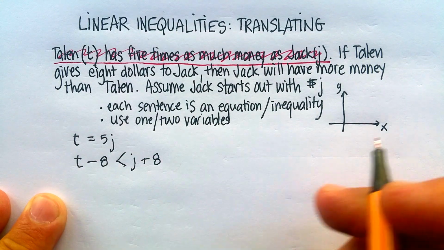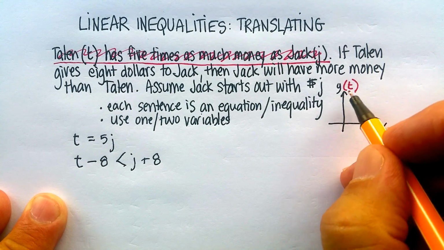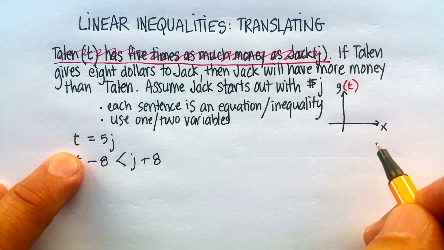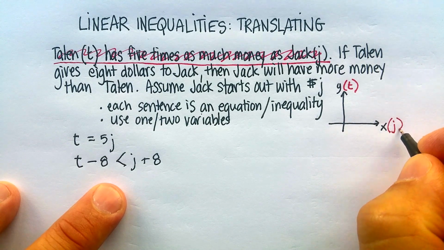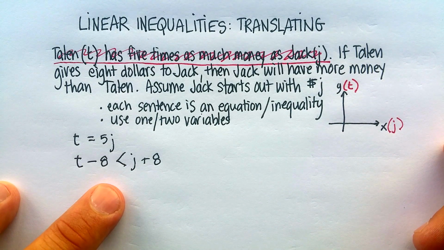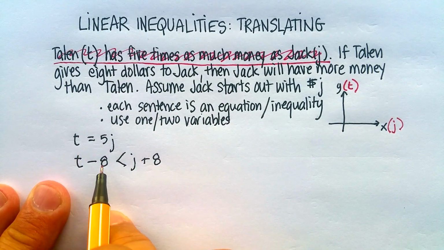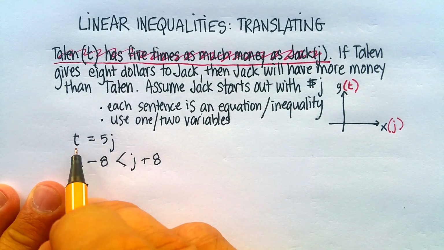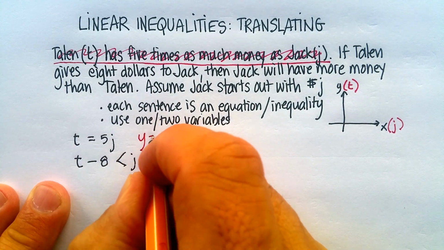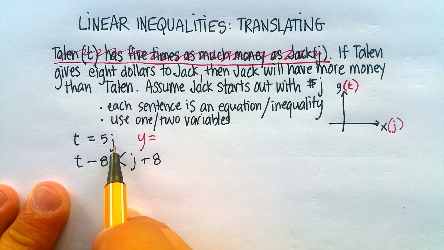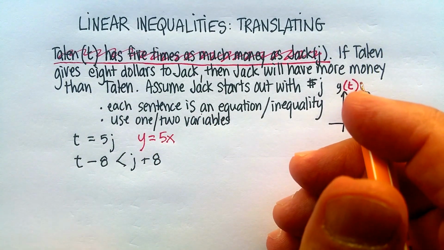And also, I'm going to do something a little bit different over here. I'm going to call the T Y. Right? So wherever we see T, we're going to pretend it's a Y. Wherever we see J, we're going to pretend it's an X. Now, why am I doing that? Because if I do that, I can translate these into something a little bit more familiar, right? I can say that T, or Y, is equal to 5 times X. Oh, that looks easy to graph, doesn't it?